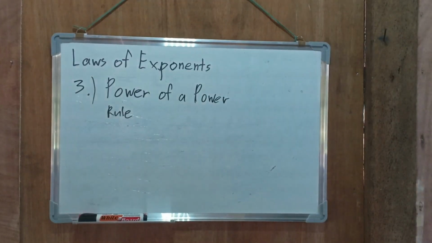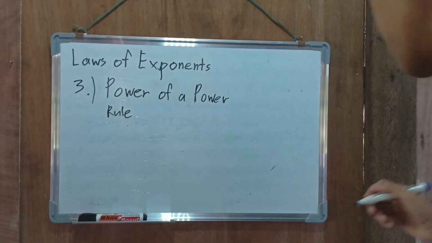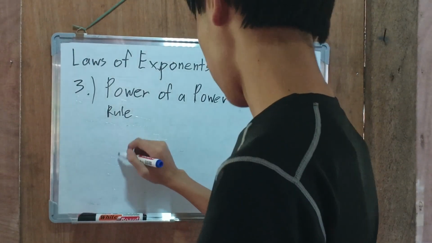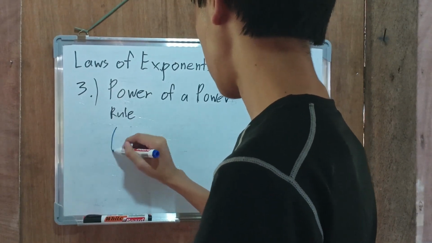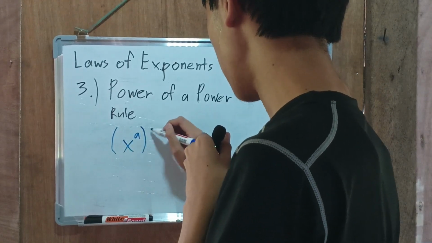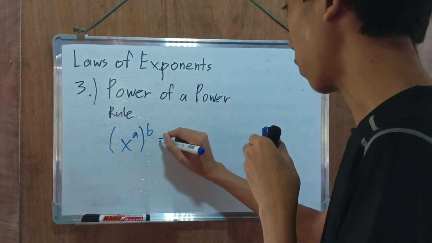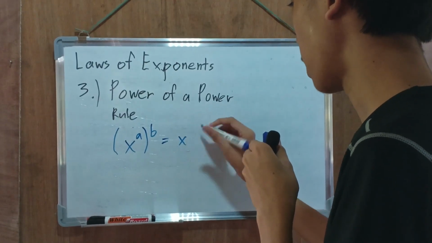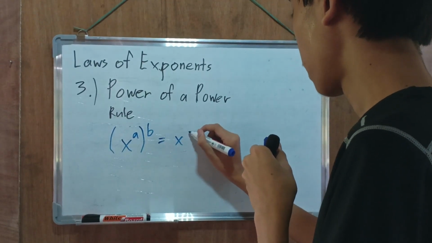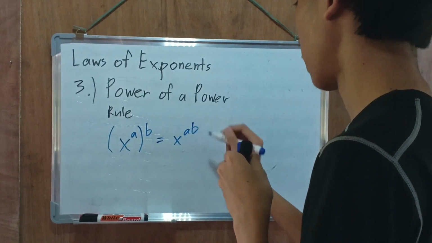Okay, let's talk about the power of a power rule. It states here, I'm just going to put parentheses, x raised to a, in parentheses, raised to the power b, equals x raised to a times b.